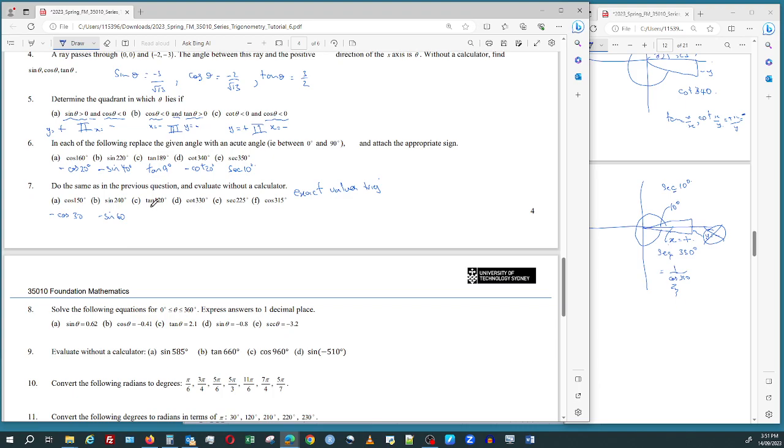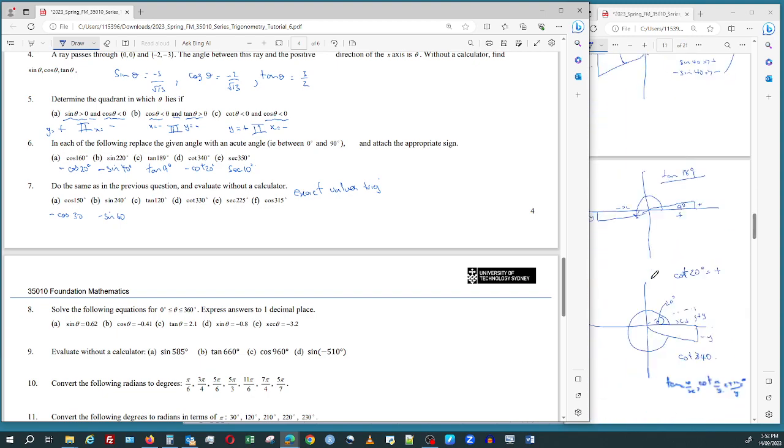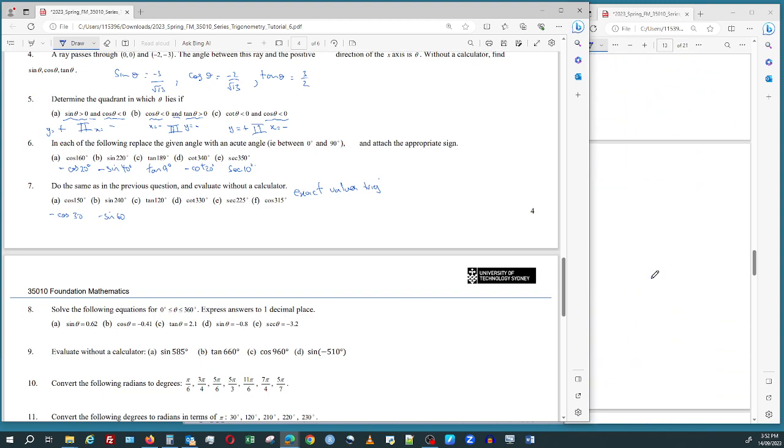Okay, we don't even need to check that because that's two lots of pi on 3. Okay, so tan 60, I'm going to have to draw it again. I'll do it on a separate set.